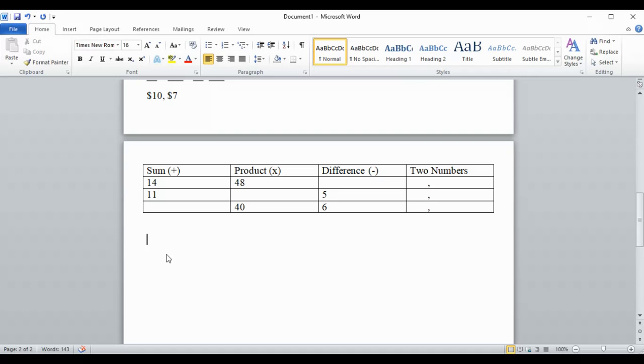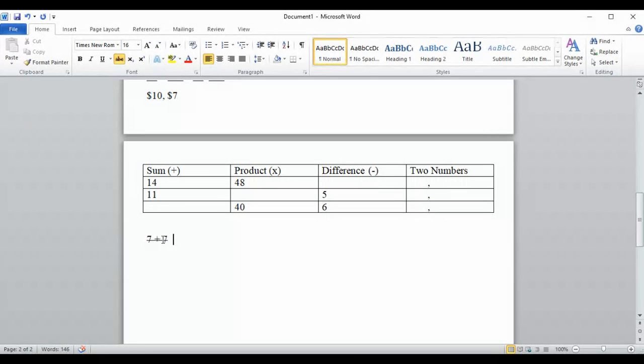And right off the bat, I'm going to say 7 plus 7. 7 plus 7 equals 14. Does 7 times 7 equal 48? Nope. So 7 plus 7 is not going to work. I'm going to cross that out.